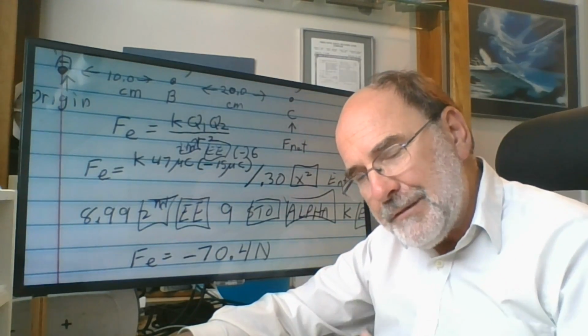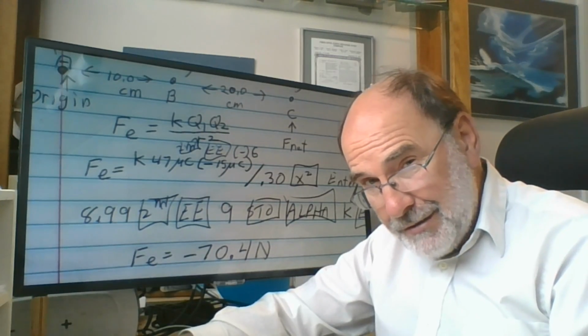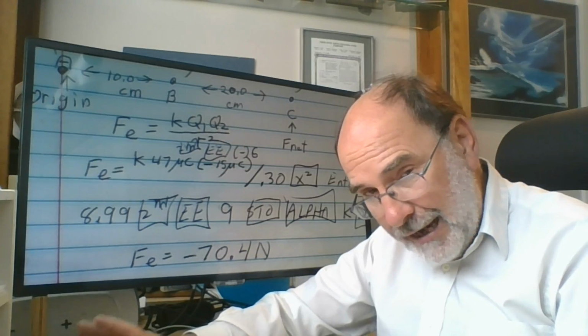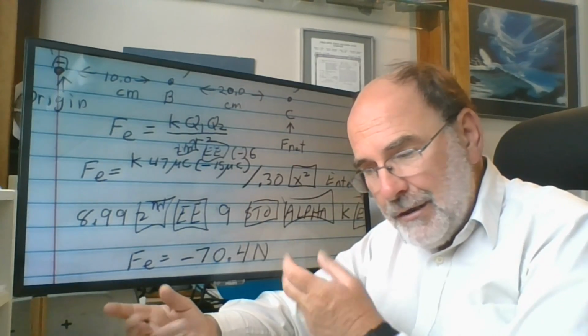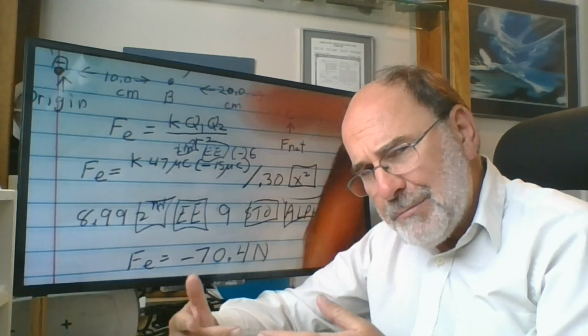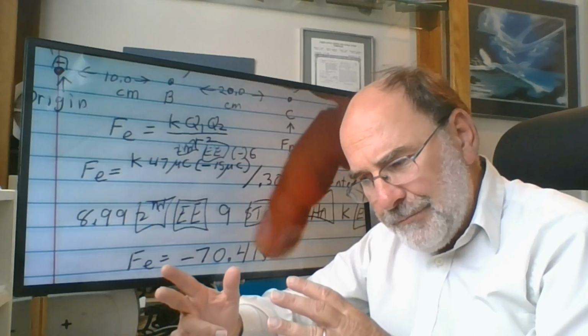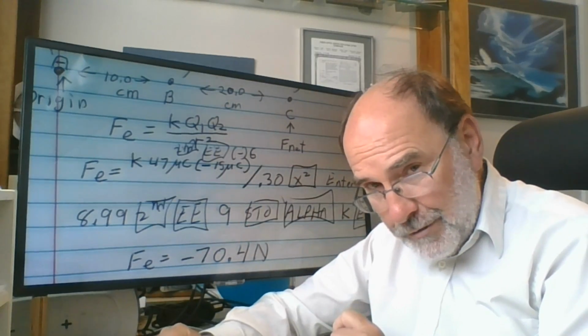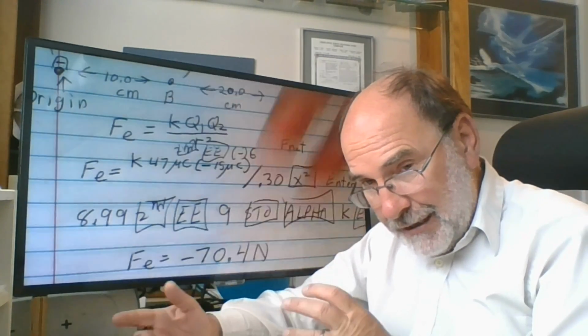So there's two interpretations that you have to carry on here. The first interpretation is a minus sign in Coulomb's equation means they attract, that they're opposites. Opposites attract, and that means I have a positive charge times a negative charge. The distance squared is always positive. Boltzmann's constant is always positive. So the only time that you get a negative force out of Coulomb's law is if they are opposite charges, a positive times a negative.